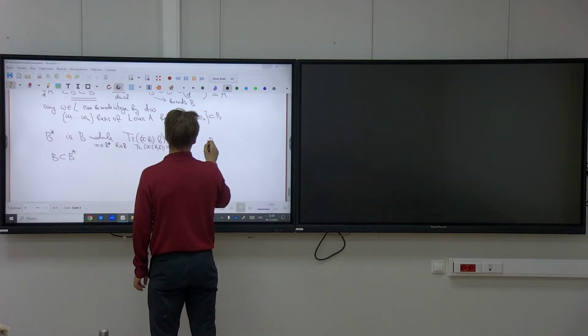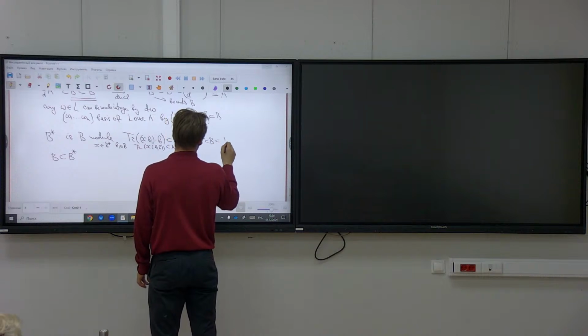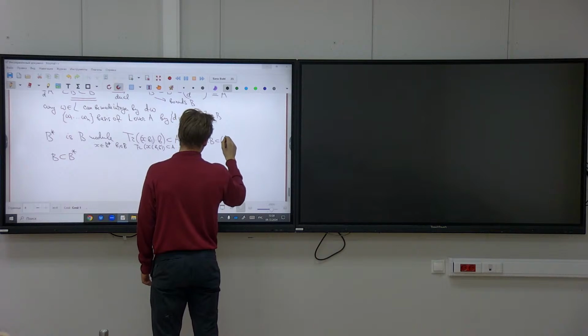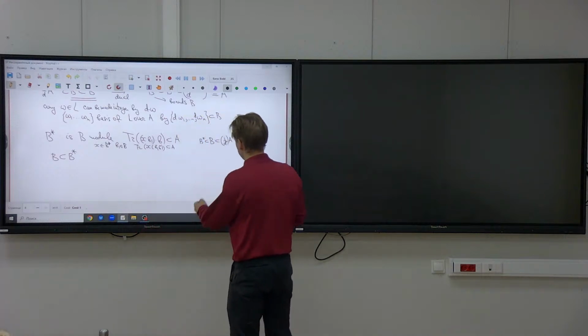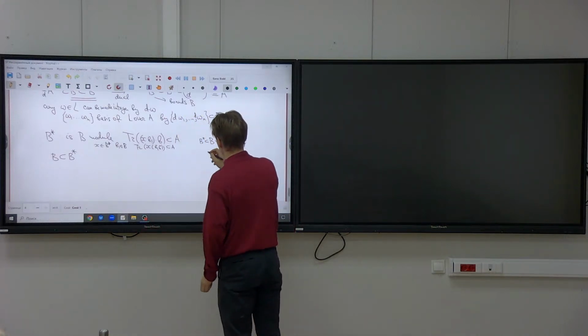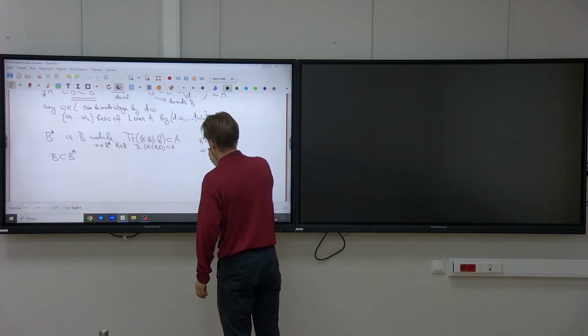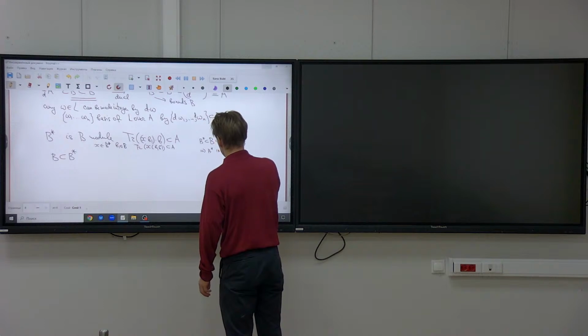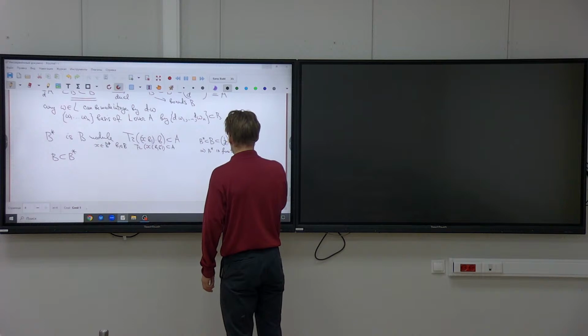So B that sits in B star was bounded by 1 over d to the A^n, and this really tells us that B star is a finitely generated A module, and in particular a B module.